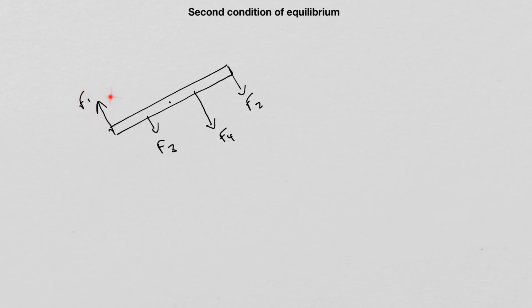We have force F1, F2, F3, and F4. So let's determine what type of torque each force generates. The force F1 will rotate the meter stick in clockwise direction. So therefore, F1 is going to generate a clockwise torque.